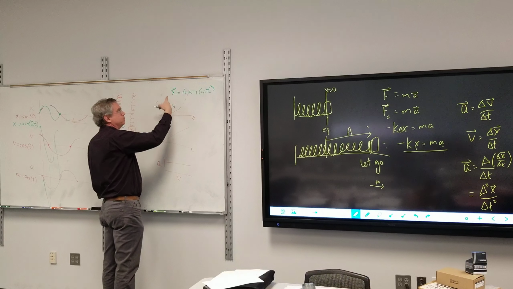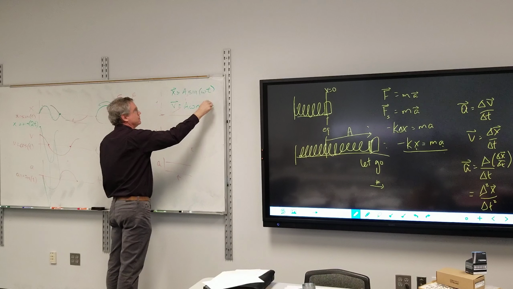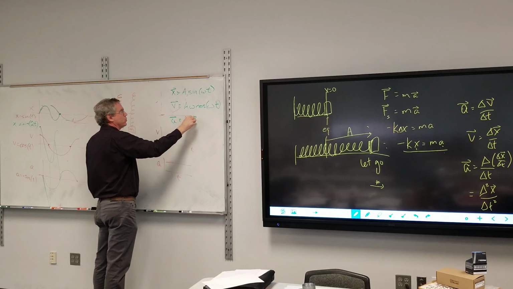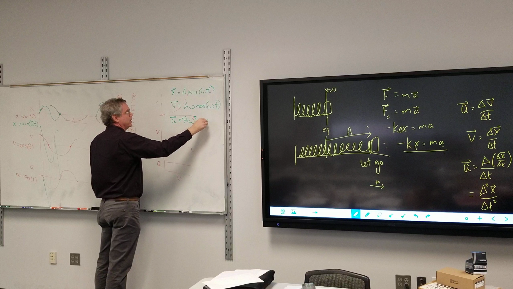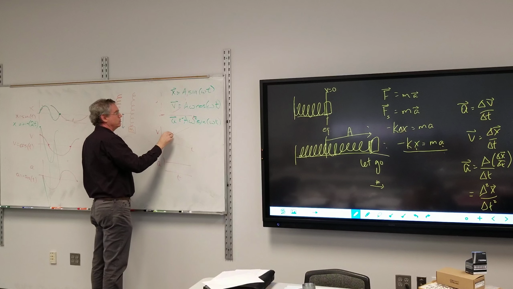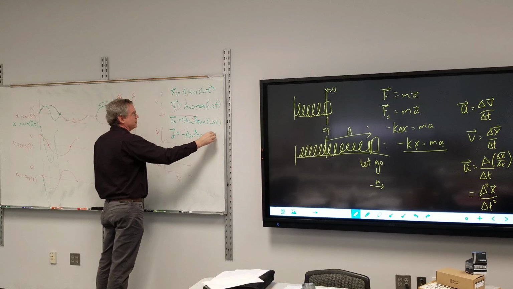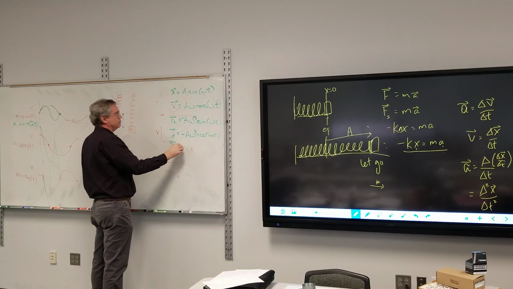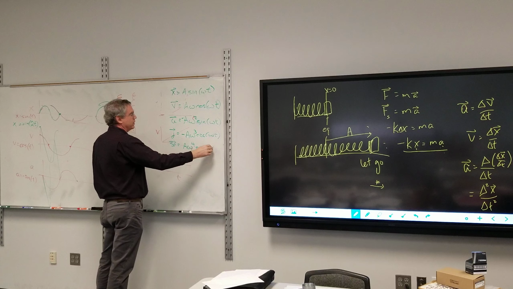So if that's my position, my velocity is A omega cosine omega t. My acceleration is negative A omega squared sine omega t. If you kept going, the jerk would be negative A omega cubed cosine omega t. Snap would be A omega to the 4th sine omega t.